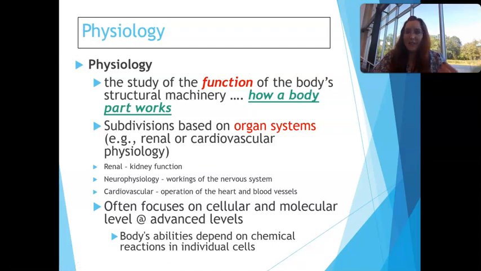At the advanced levels, if you go and take anatomy and physiology at the college level, you'll get into more advanced terms and workings, and you can actually focus on cellular and molecular chemical reactions that go into more depth of the physiology of different organ systems. We will probably not be doing that at this level since this is a high school class.